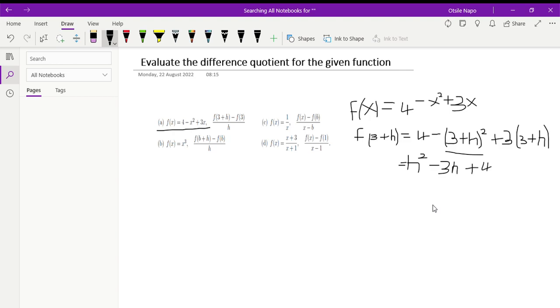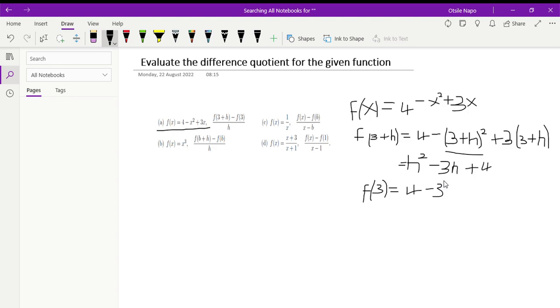We now apply the formula here: f of 3 plus h minus f of 3, all divided by h. Therefore now we want to find f of 3. So let's find f of 3. We are having 4 minus 3 squared.